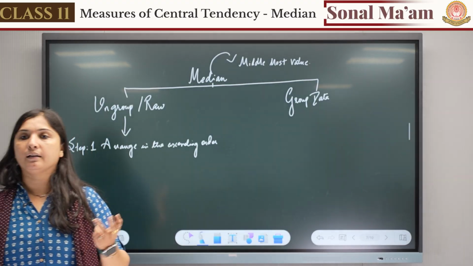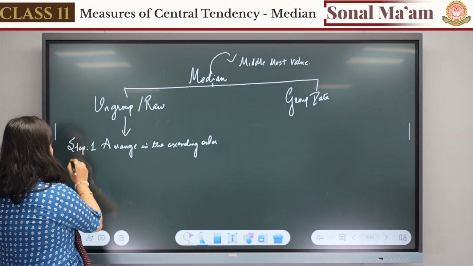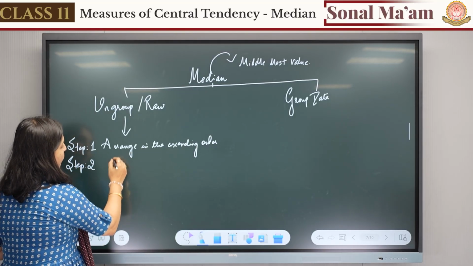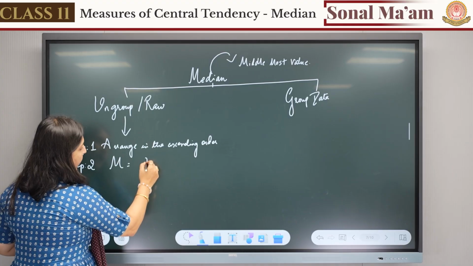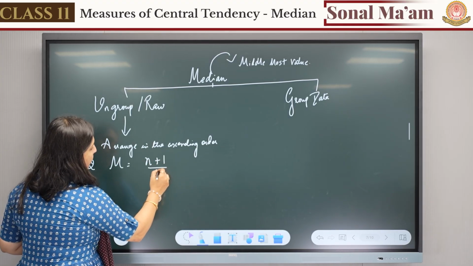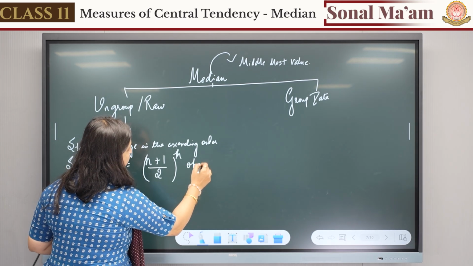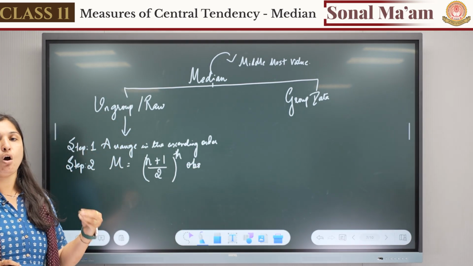The second step will be the formula, and your formula for median will be (n plus 1) by 2th observation.